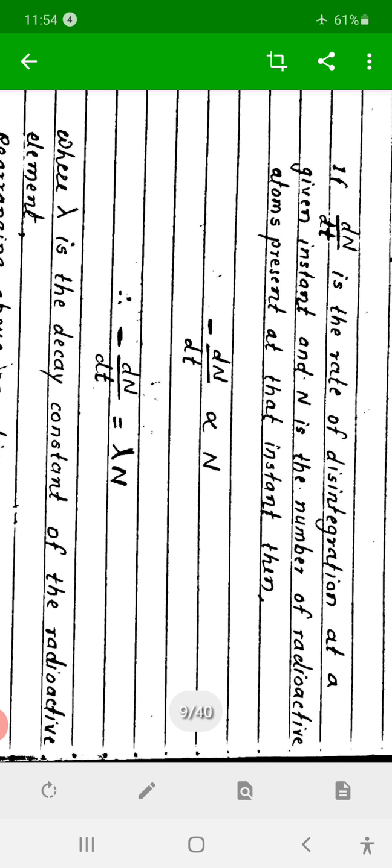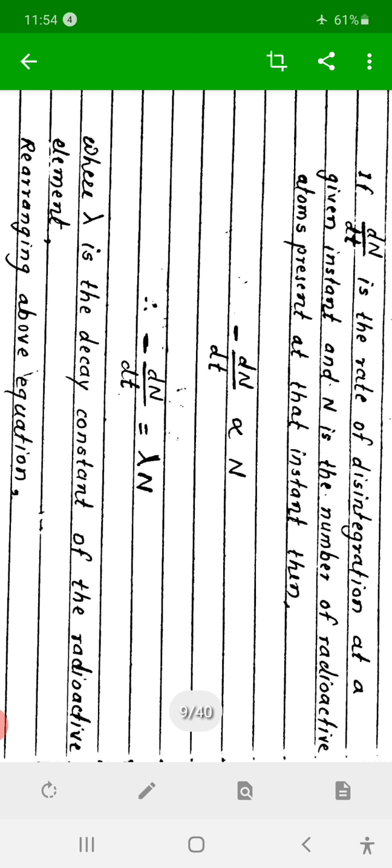Therefore, minus dN by dt is directly proportional to N. N means the number of atoms of that radioactive element present at that instant, that is, the time at which we measure the activity of that radioactive element.